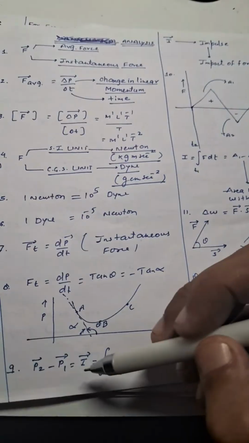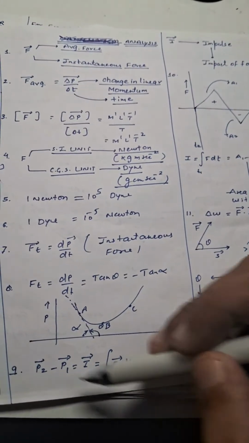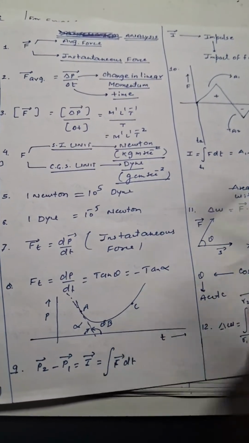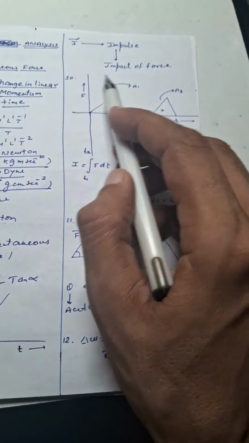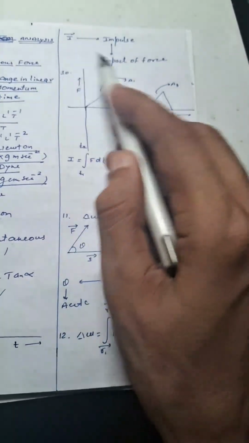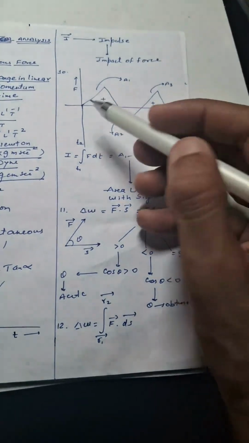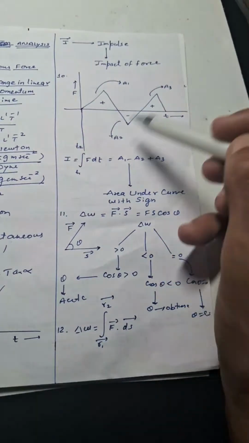Now, impulse is the change in momentum, P2 minus P1, which is the integration of F dt. Here I is the impulse, or it is also called the impact of force. So this is how you can visualize the impulse itself. Now there is another concept of force versus time.